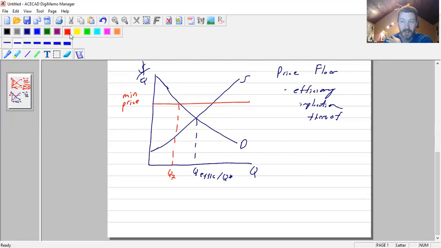That will become the quantity demanded. Quantity supplied is going to be much higher. Quantity supplied is going to be out here. But, oh well, the price mechanism isn't allowed to adjust to achieve an equilibrium or a stable point. We're going to have this permanent excess supply in this case, because this is all that consumers will buy, Q2. So here's the minimum price.